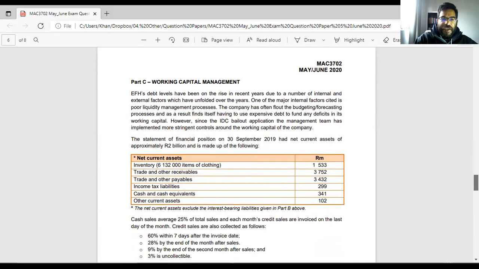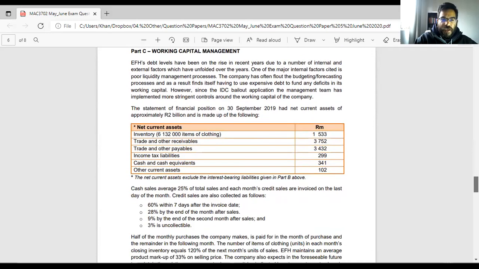There's only one page basically that we need to focus on, so I'm just going to read this one page. EFH's debt levels have been on the rise in recent years due to a number of internal and external factors. One of the major internal factors cited is poor liquidity management processes.